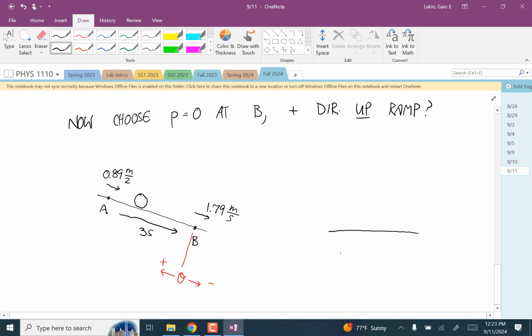And so I'm going to draw a position versus time graph again. We still just have 1, 2, 3 seconds. It still is passing A at time equals 0, and it still is passing B at time equals 3 seconds.